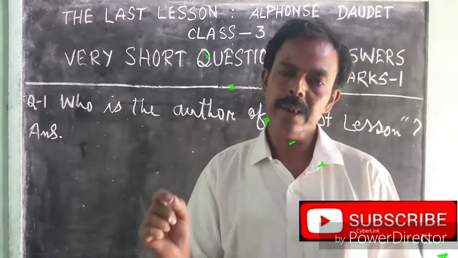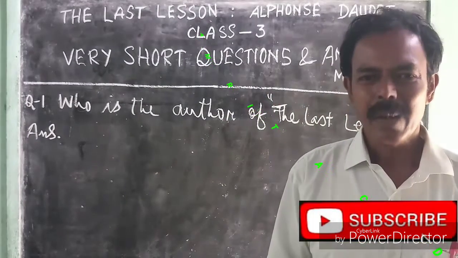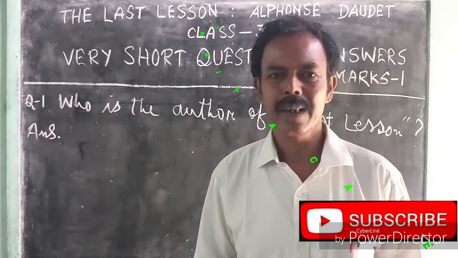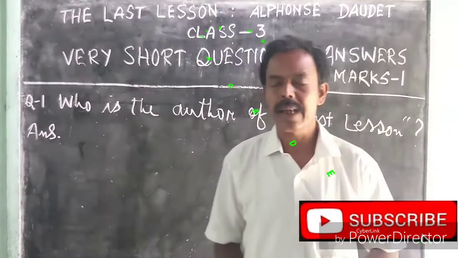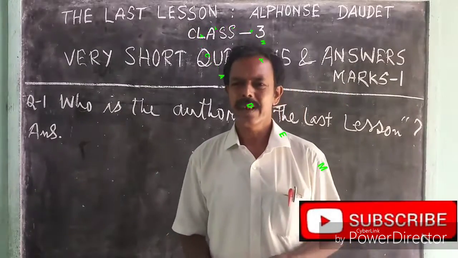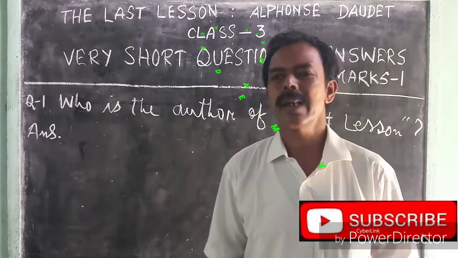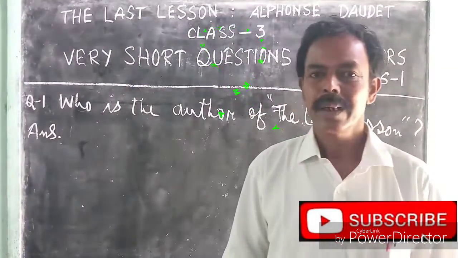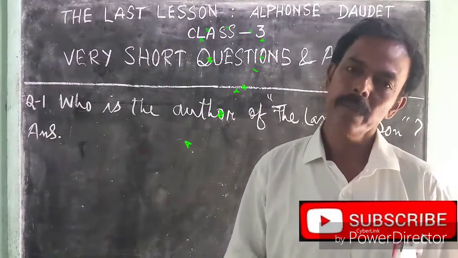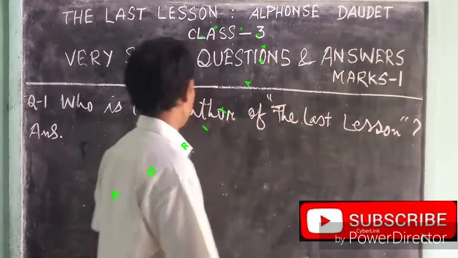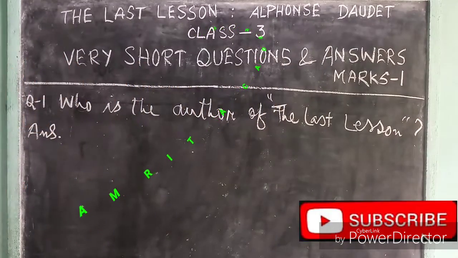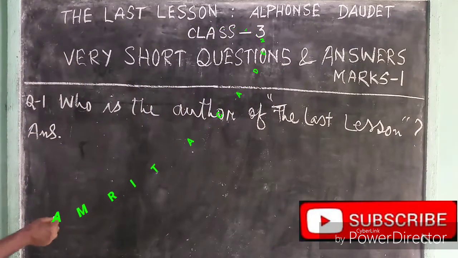Also in the 2nd class we got vocabulary word meanings. Once we go through the textual lines nicely, it is not tough for an examinee to answer such questions for 1 mark. In the very first question, who is the author of The Last Lesson? Anyone can answer this one.